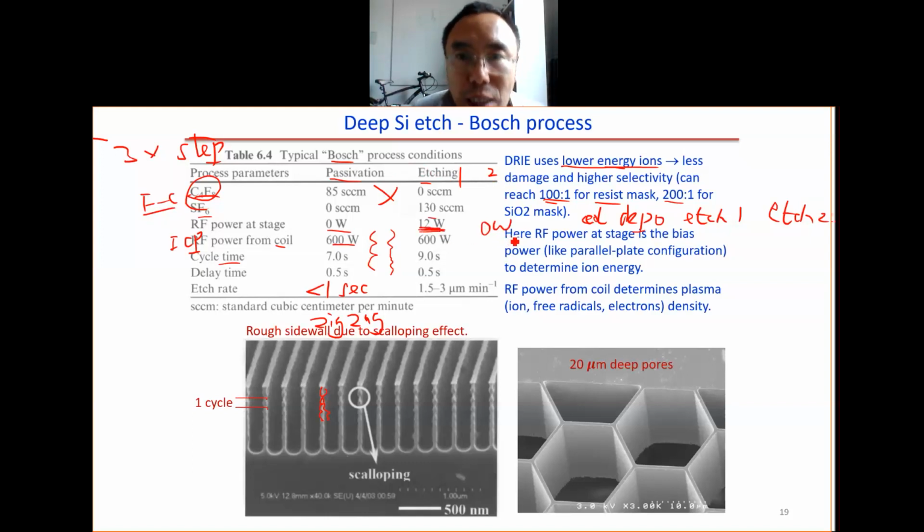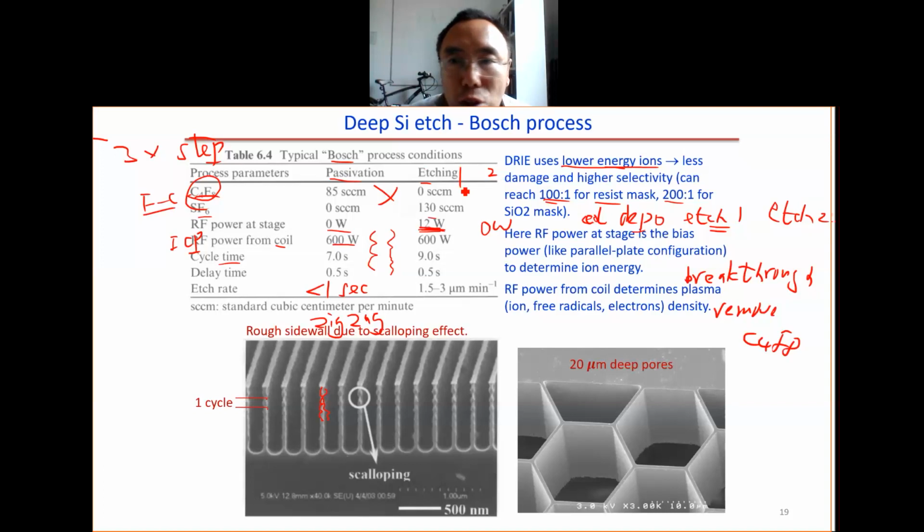The pure chemical etching gives you much higher selectivity. So the H1 is called the breakthrough, to remove C4F8. This step only removes the fluorocarbon polymer. Then we have this H2, pure chemical etch to etch away the silicon.